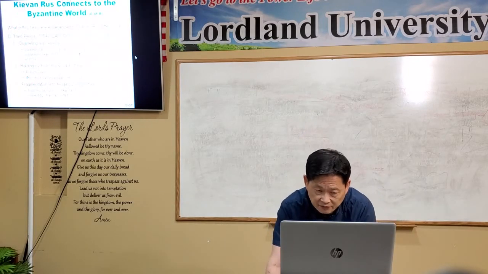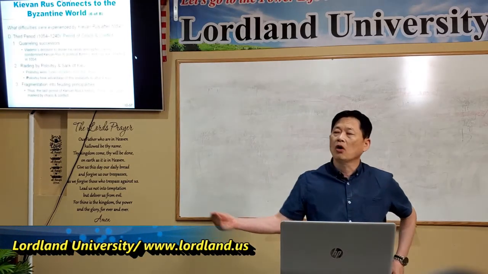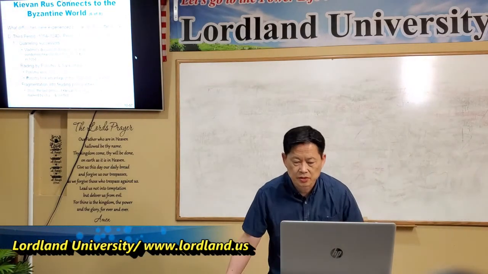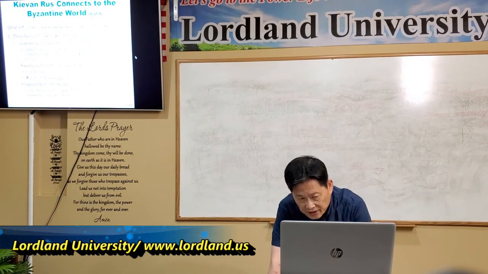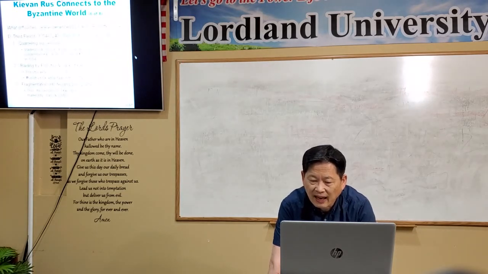Third period, from 1054 to 1240, before the conquest of the Mongol invaders. This third period was referred to as a period of chaos and conflict.